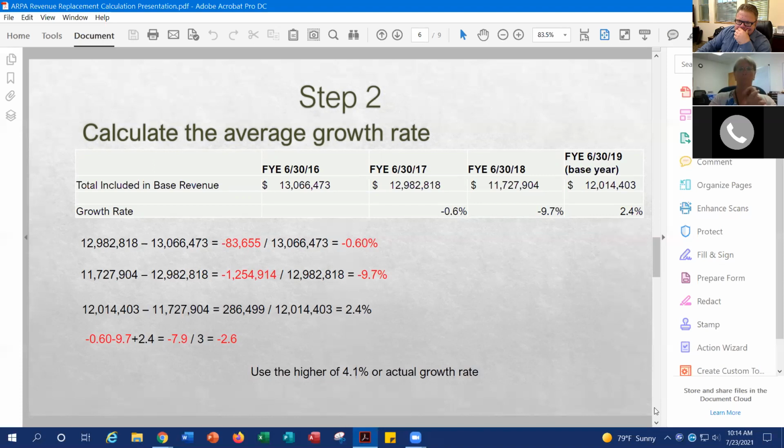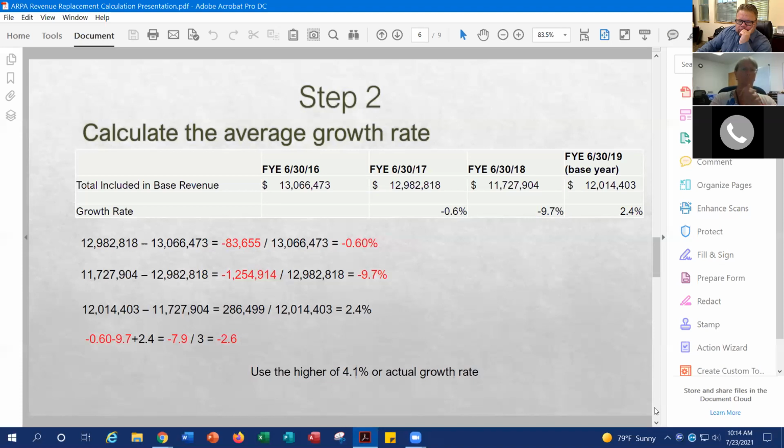So what you want to do is take your average. So to get your growth rate, for example, for fiscal year ending 2017 of the minus 0.06, you're going to take your 2017 actuals minus your 2016 actuals divided by your 2016 actuals to get your growth rate.